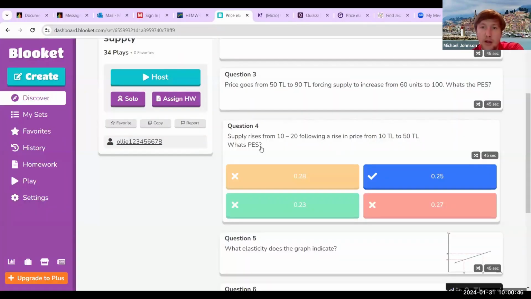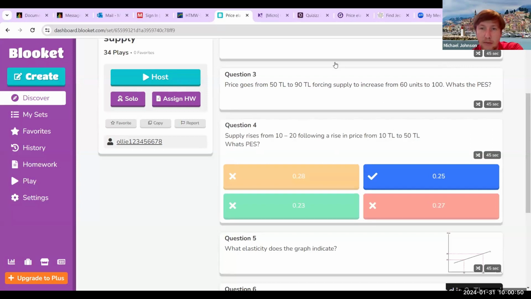I'm just going to go through the question that we covered there, and I'll go through how it was calculated. So the question was this here. Supply rises from 10 to 20, following a rise in price from 10 to 50 TL. What's price elasticity of supply? To do that, you would take the 10 minus 20 and get the midpoint, which is 15.